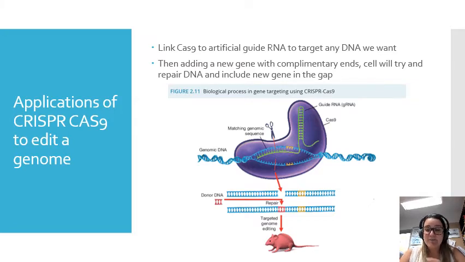So think back to what you already know about cutting DNA and complementary sticky ends. We can make those sticky ends. We can add our donor DNA, our gene that we want to insert. It has those complementary sticky ends. It's already going to be attracted to that part, and then the cell will repair it, inserting that gene in that specific spot. Very, very cool.